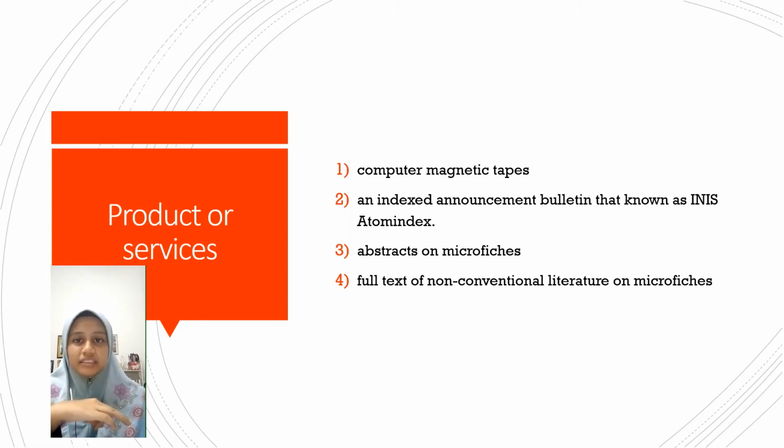The third product is abstracts on microfiche. Each magnetic tape record and INIS Atom Index entry is identified by a 7 digit number. For each item, it has an abstract in at least one of the official languages of the IAEA.